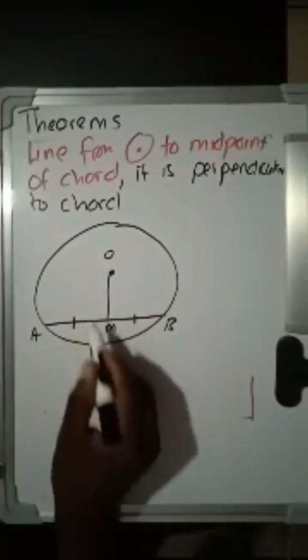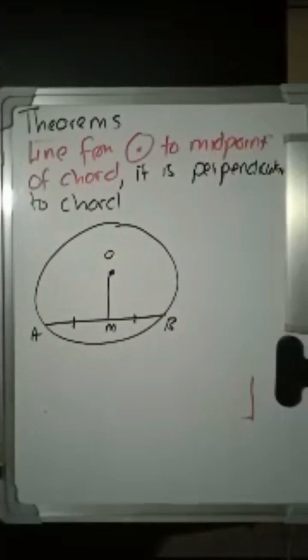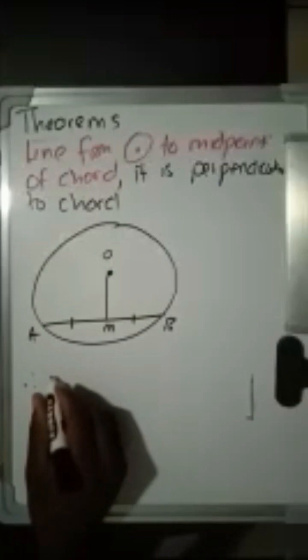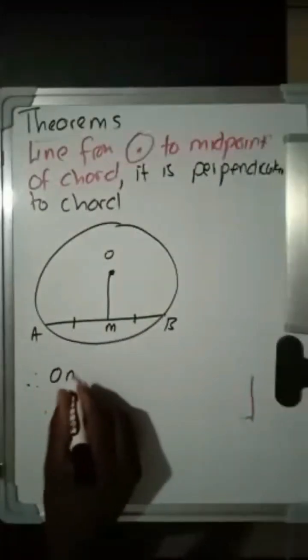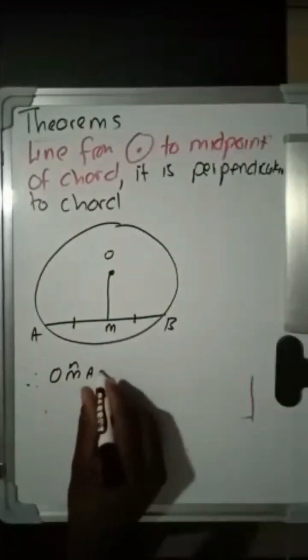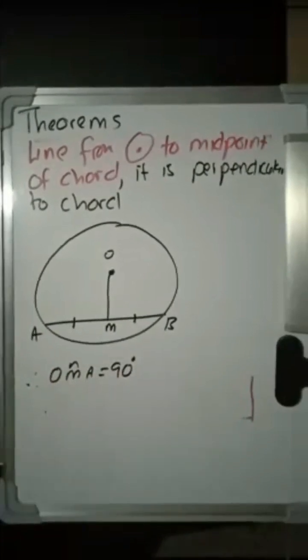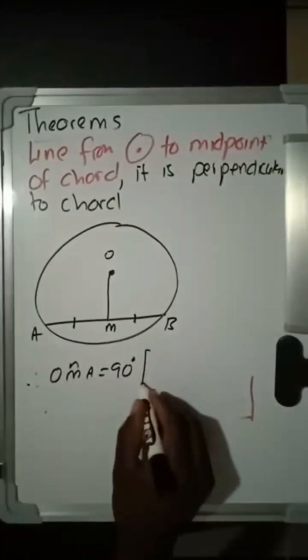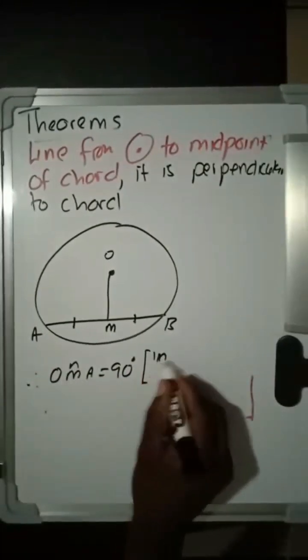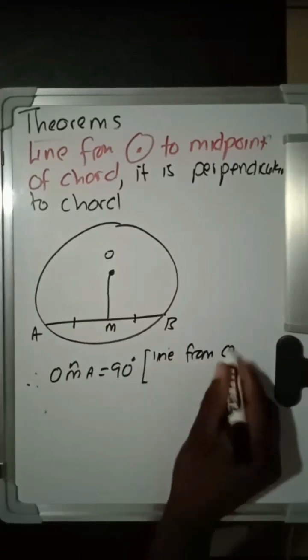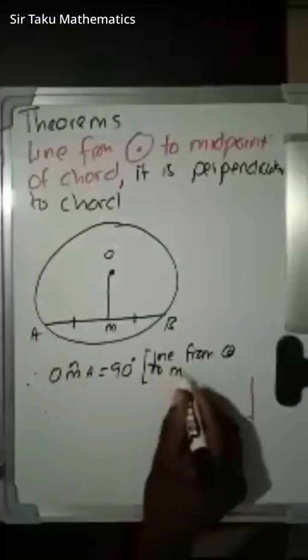So this line that is drawn there from the center to the midpoint, it is perpendicular to the chord. Therefore, we conclude that the angle OMA is equal to 90 degrees. And what is the reason? The reason is line from center to midpoint.